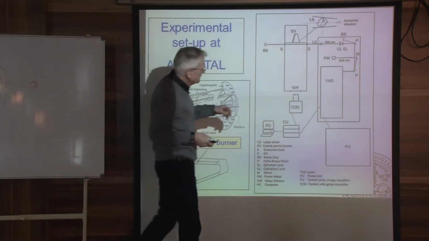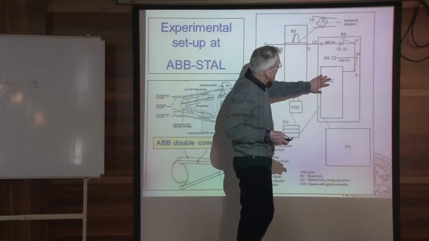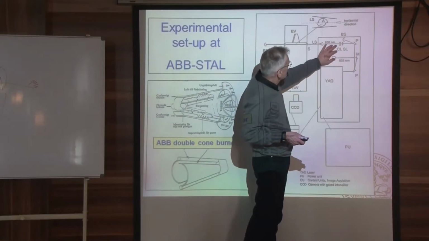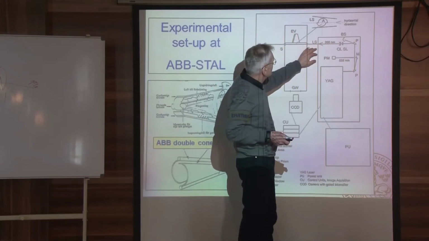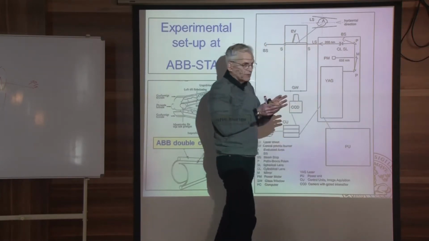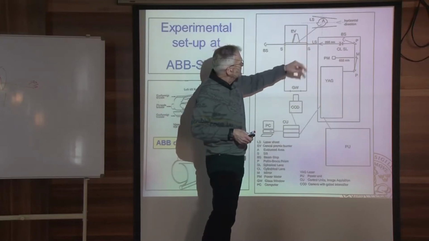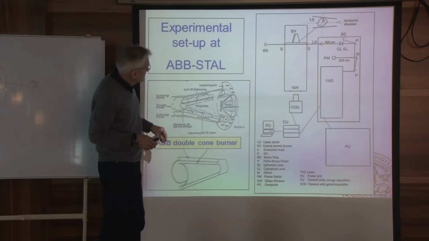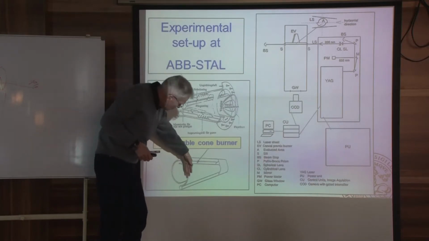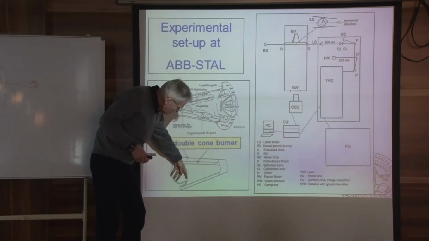And here is the setup. We have a YAG laser. We produce 266 nanometer. And this is gone through a cylindrical lens so that we'll get a sheet, and the idea was to send this sheet just outside. This is the end of the cone.